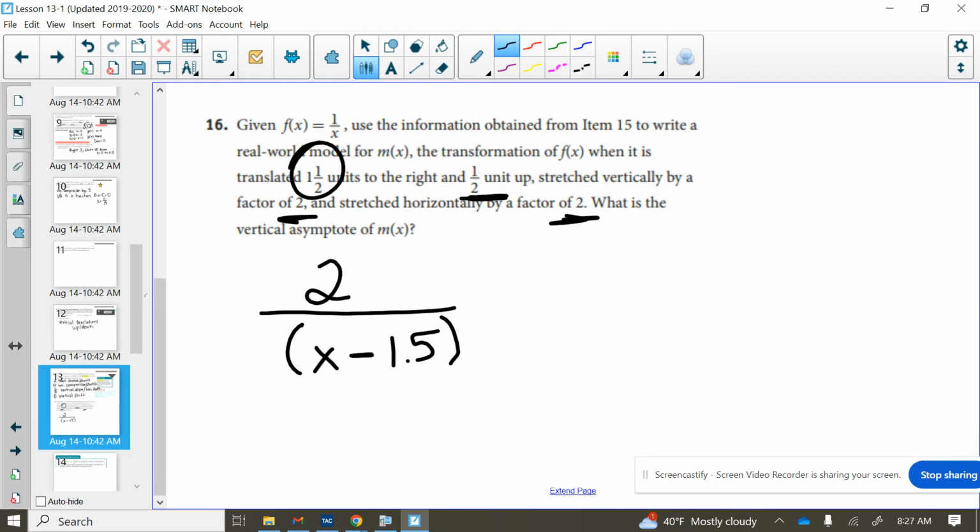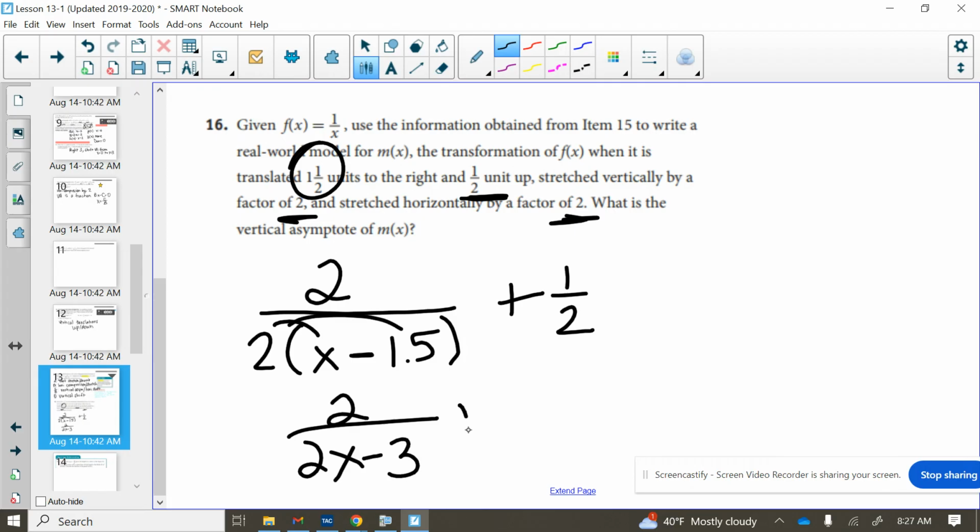And then a horizontal stretch by a factor of 2. It's actually, because it's in the denominator with that x, it's a 2 there. And then our shift up would be the 1/2. Now notice on this, something you're going to see with this compression is you might also see this distributed through, so that you would have 2x minus 3 and then up that 1/2.